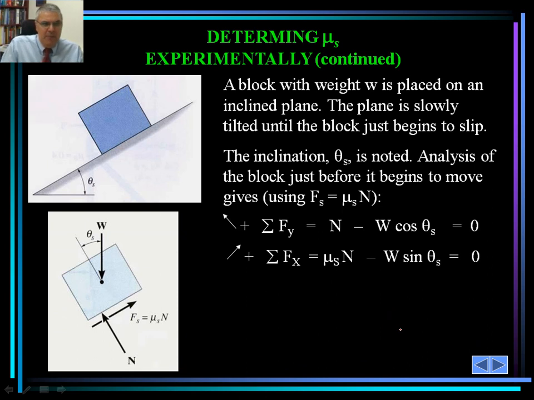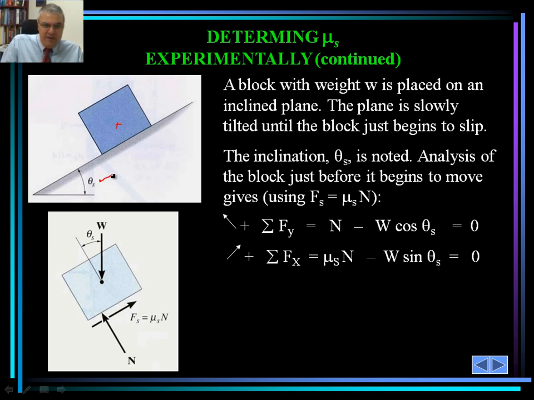Okay, so how can we actually determine the coefficient of friction for different surfaces or different objects? If we put a block, this blue block up here, on an inclined surface the way it is shown here, this is our object, and we gradually tilt this plane until the block just begins to slip.